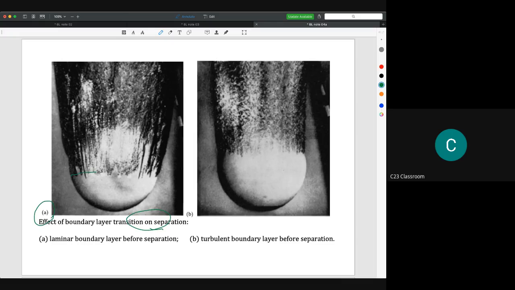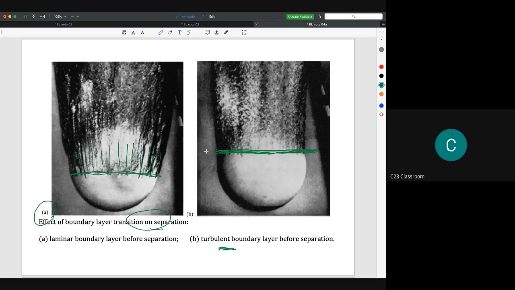This is the limit of the separation, and after this the boundary layer is detached from the sphere. And this is the turbulent one. You will find that the limit of the separation here is later. The laminar one is earlier, so it happens faster compared to the turbulent boundary layer.